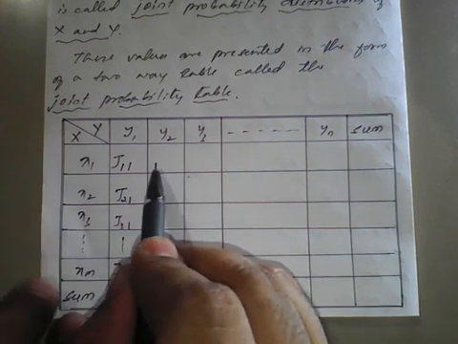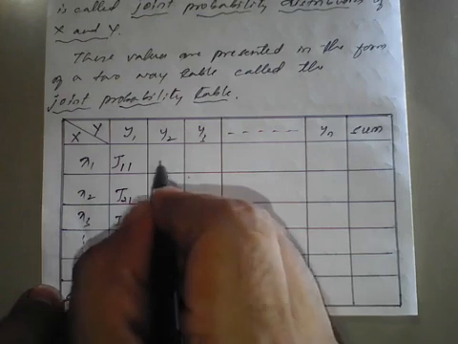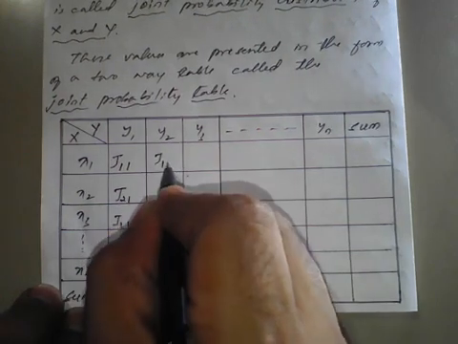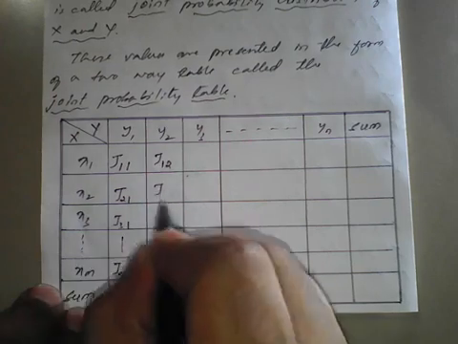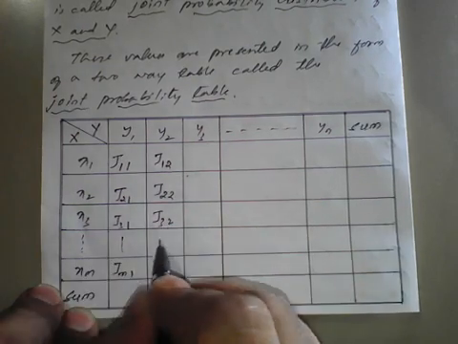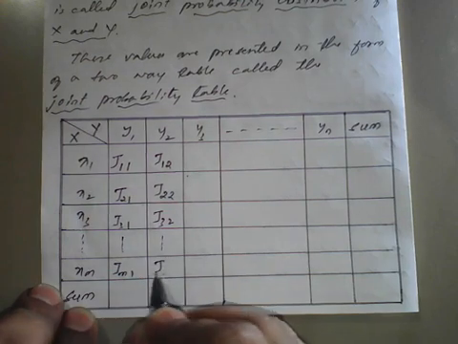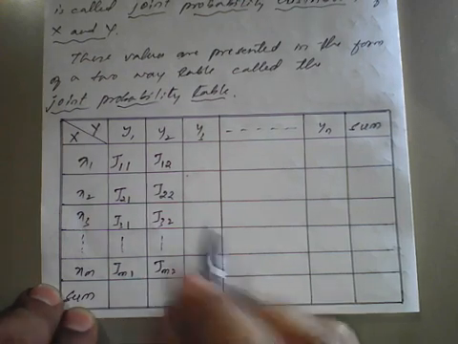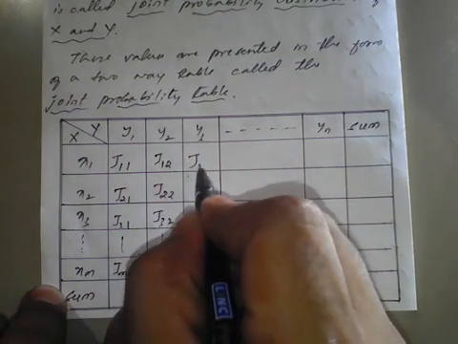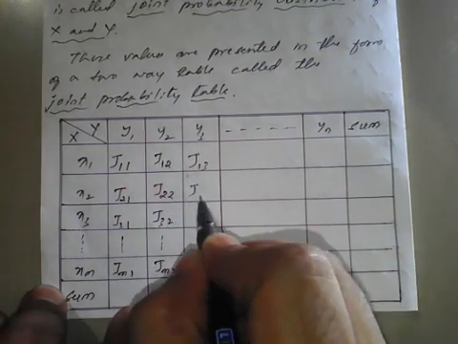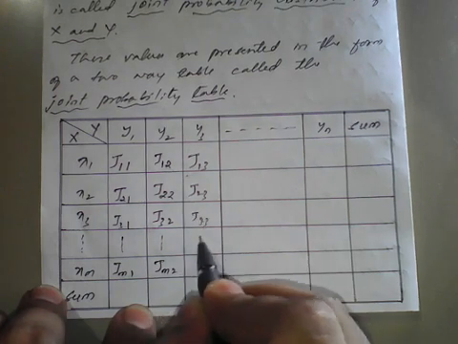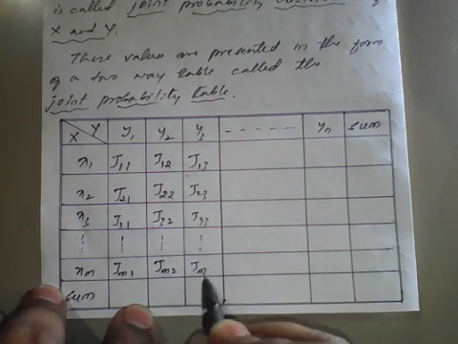Next, for x1 and y2 we write J of 1 2, then J of 2 2, J of 3 2, and so on, J of m2. Then J of 1 3, J of 2 3, J of 3 3, and so on, J of m3.